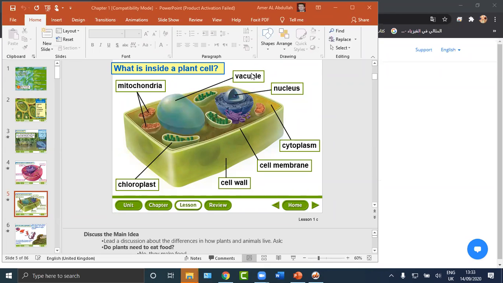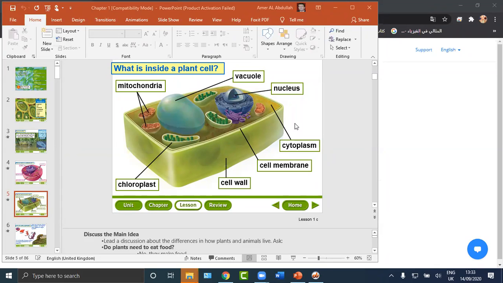The vacuole provides extra support for the cell. The extra water in the vacuoles of plant cells keeps the plant from drying out.